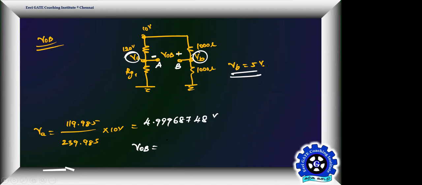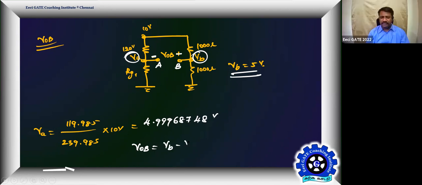Yes, sir. Then V naught of the bridge is nothing but VB minus VA. Subtract this from 5 and put the output of the bridge in milli or micro.